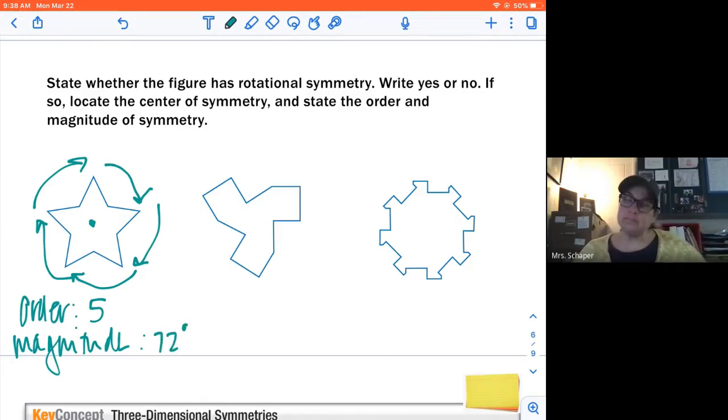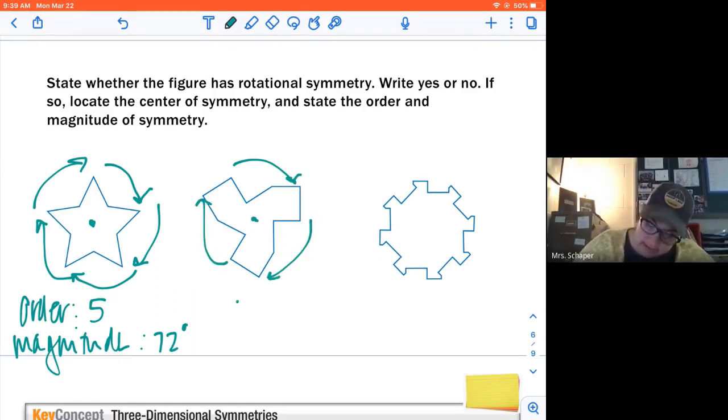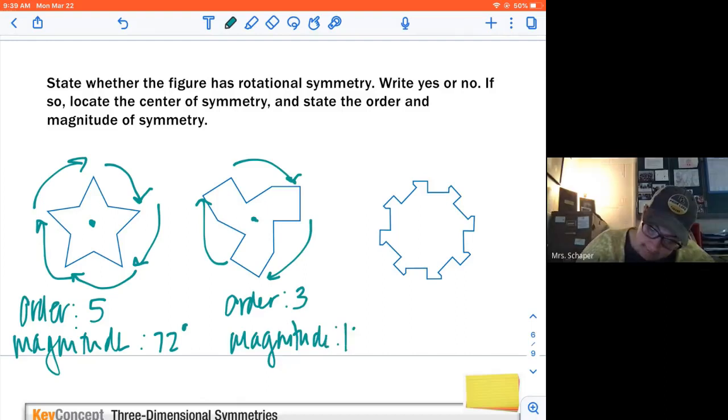The second one also has rotational symmetry. 1, 2, 3 times, so my order is 3. That gives me a magnitude of 120, since 360 divided by 3 is 120.